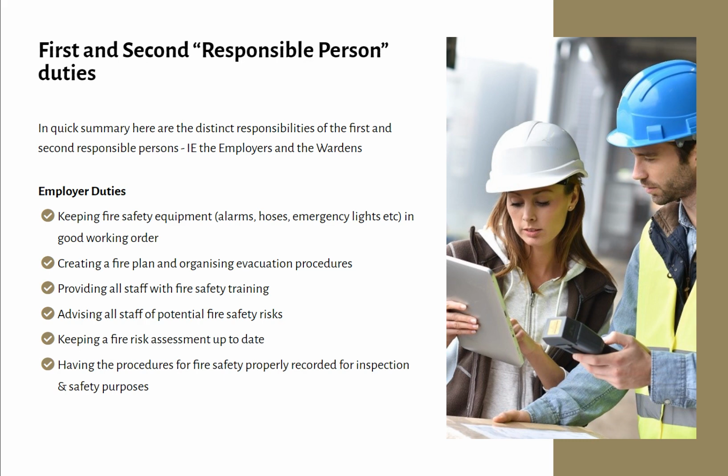Employer duties: keeping fire safety equipment, alarms, hoses, emergency lights, etc. in good working order, creating a fire plan and organizing evacuation procedures, providing all staff with fire safety training, advising all staff of potential fire safety risks, keeping a fire risk assessment up to date, having the procedures for fire safety properly recorded for inspection and safety purposes.